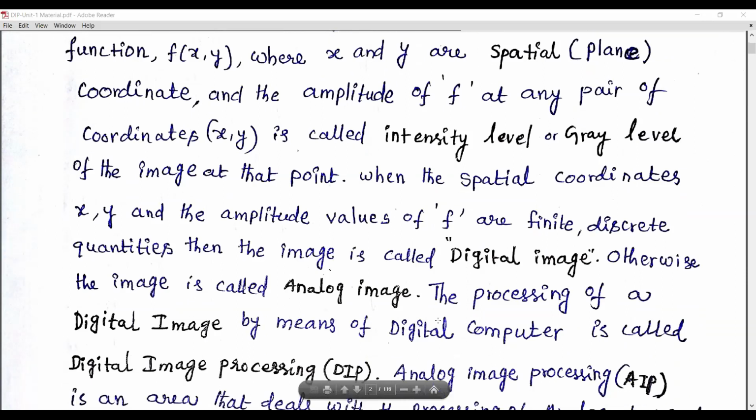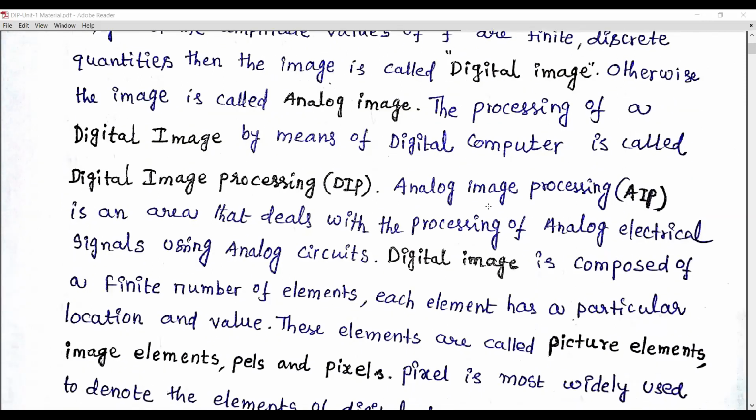Processing of a digital image by means of a digital computer is called digital image processing. Similarly, analog image processing is an area that deals with the processing of analog electrical signals using analog circuits.